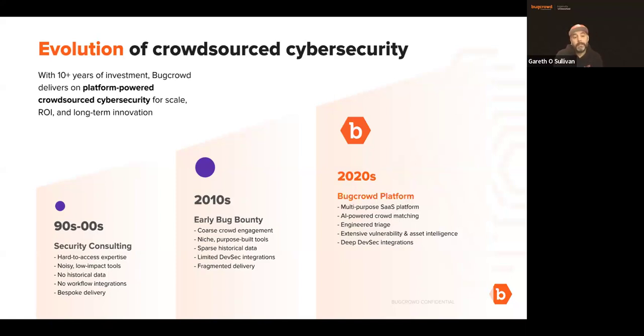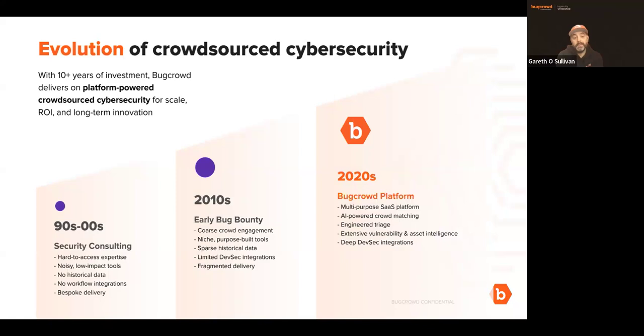If we go back in time and look at the advent of security testing, much of it was driven through security consulting. There are all sorts of pros and cons of that model, but you can boil it down to this: expertise is limited and hard to access if you're working through a traditional consultancy model. You might have to work with noisy, low impact tools.